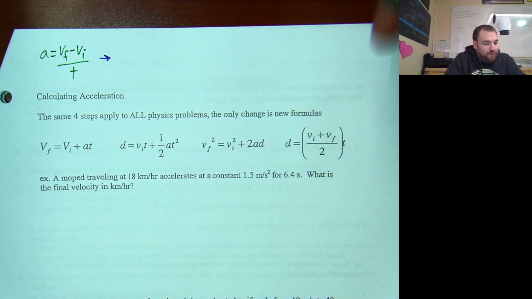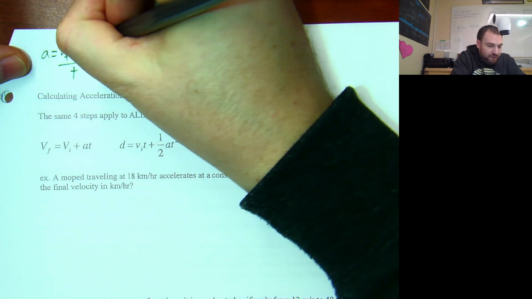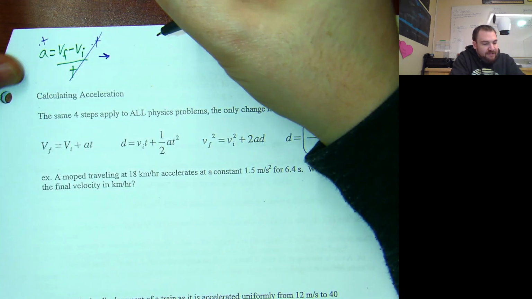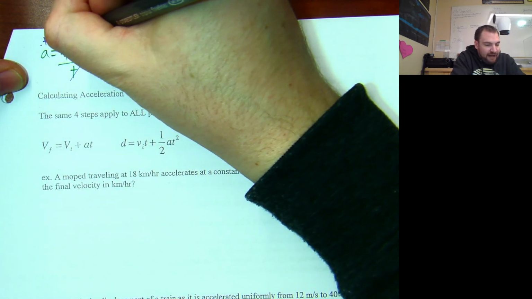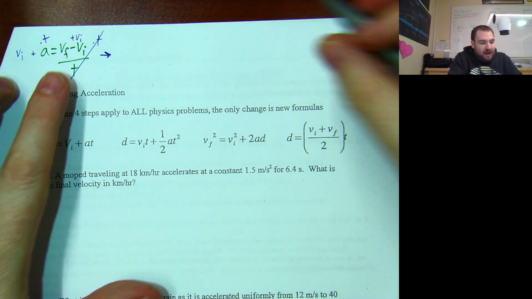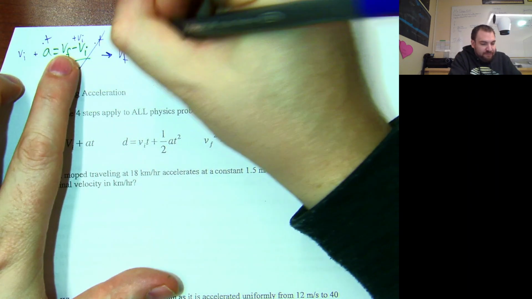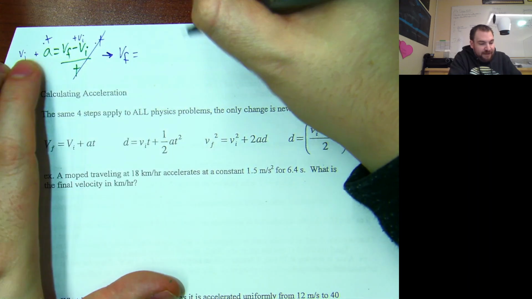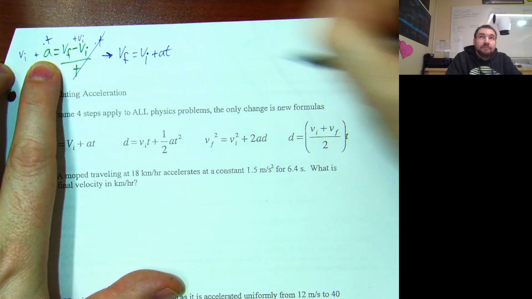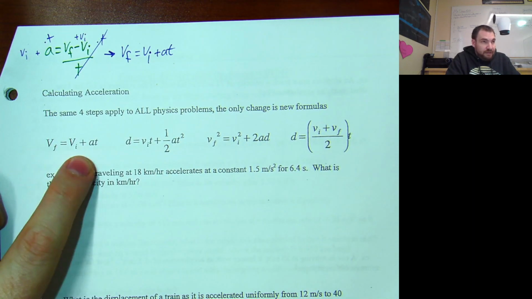The first thing I want to move over is that t. So I'm going to multiply by t on both sides. It's going to cancel on this side. And then I'm going to add vi to both sides. I'm going to be left with vf, and that's going to give me vi plus a times t. That's that equation right there.